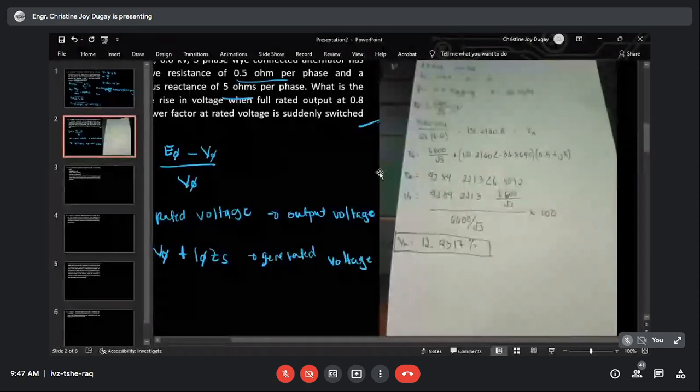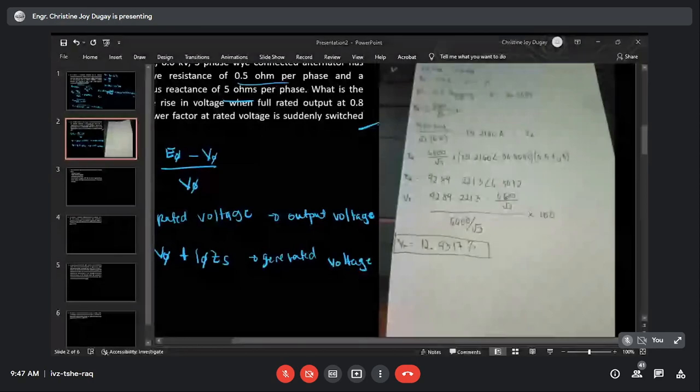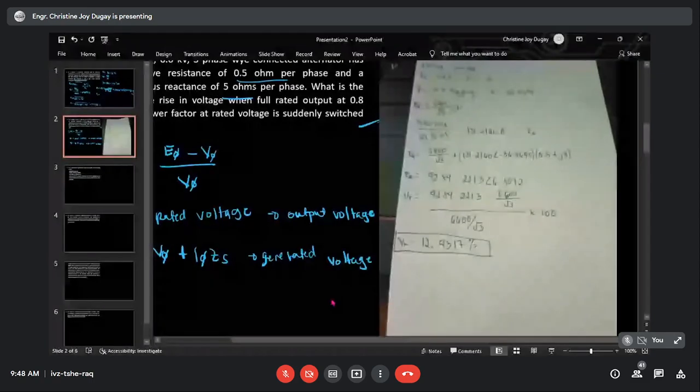Kukunin po ninyo doon. And then since that is 3-phase, i-divide nyo lang siya ng square root of 3 ng V line, kasi ang line natin, since Y connected, same lang ang line voltage, line current natin, tsaka si per phase current natin. So, from the equation, S is equal to square root of 3 ng V line, I line.